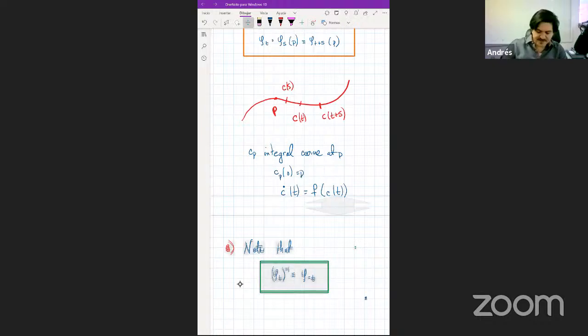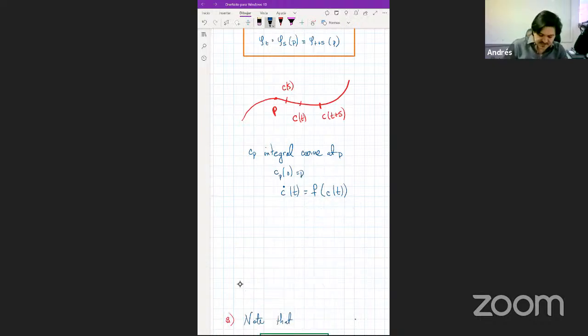But now, let's change p a little bit, where a is some constant. What happens with the derivative of c with respect to t? This is just this derivative, right?